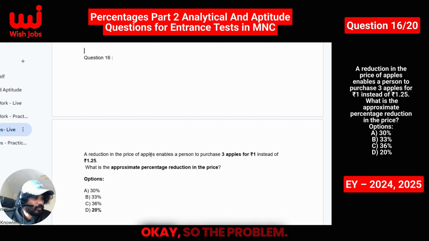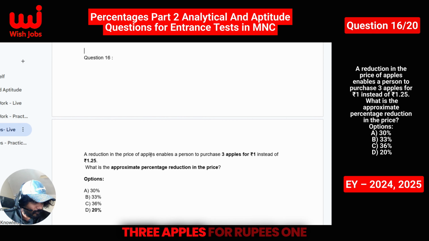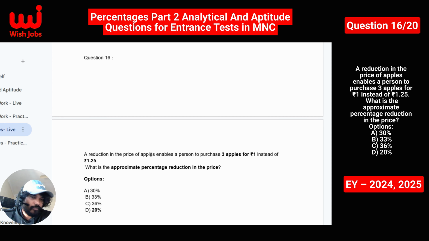Okay, so the problem. A reduction in price of apples enables a person to purchase 3 more apples for rupees 1 instead of rupees 1.25.